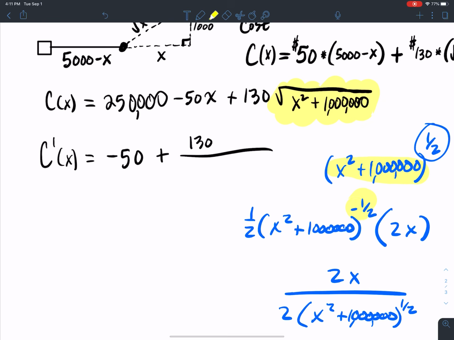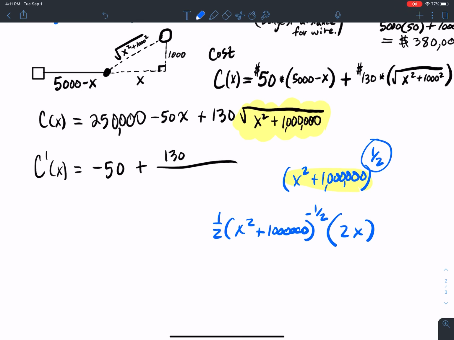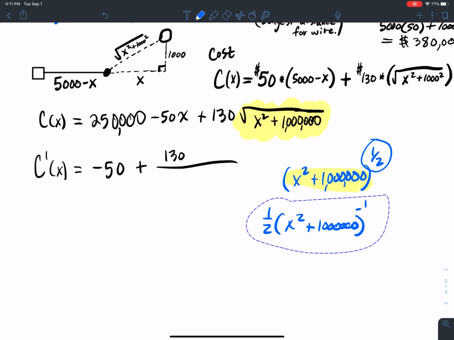Remember, when we flip this to the denominator, the exponent changes. Once again, you can rewrite this part as a square root. The 2's actually cancel. So I'm going to end up having 130 times x over the square root of x squared plus 1,000,000.